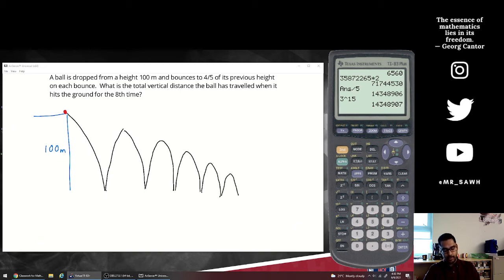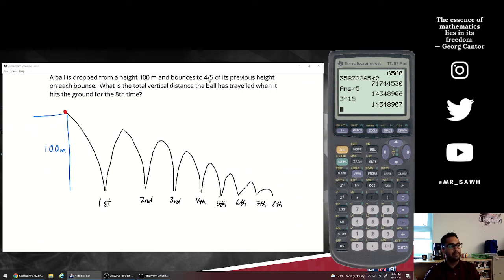But essentially this is what happens. So there's the first bounce, there's the second, third, fourth, 5th, 6th, 7th, and 8th. So I didn't really need to draw all of them, but I started, so I figured I'd complete the picture. So there we go.